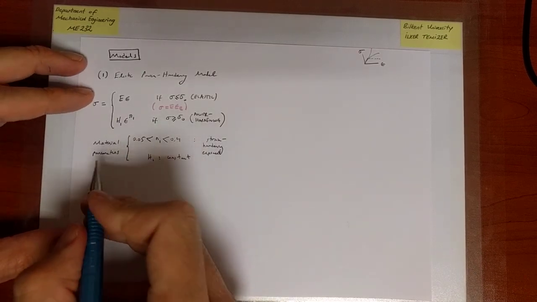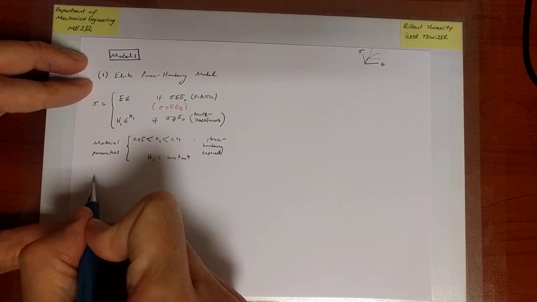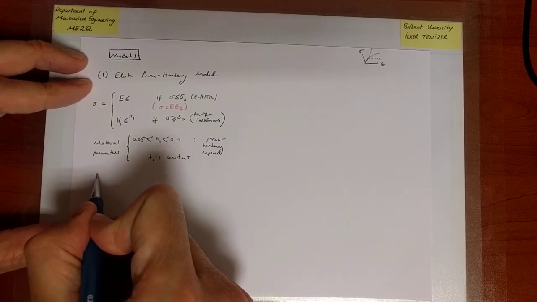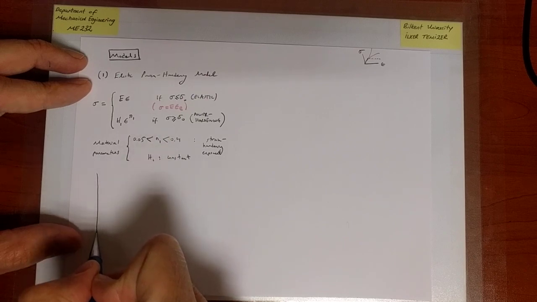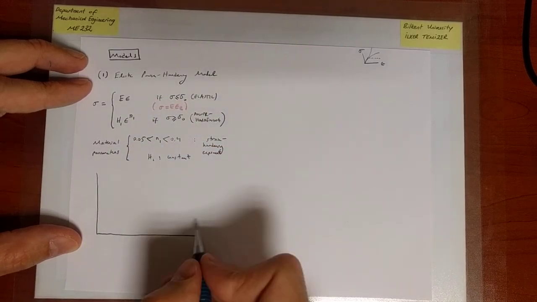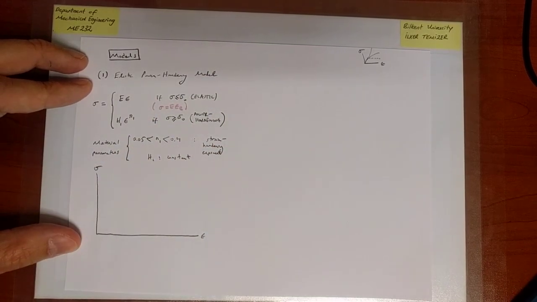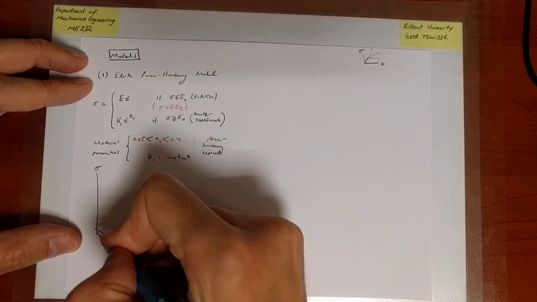And the answer is based on the plot of these two individual behaviors. The first one is the elastic one. Epsilon versus sigma is what we're trying to draw, and that is the elastic portion of the plot.